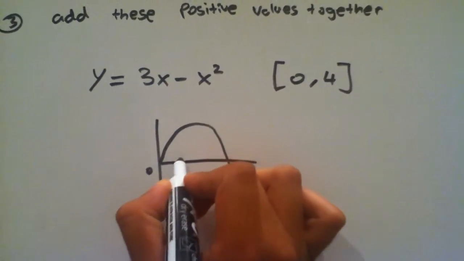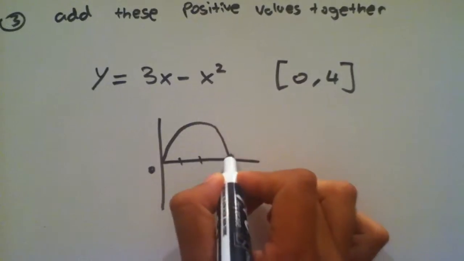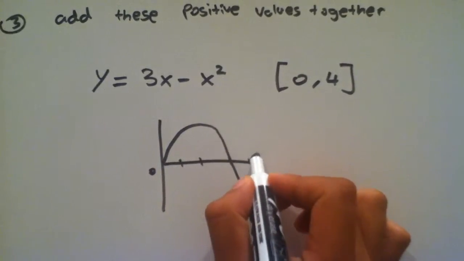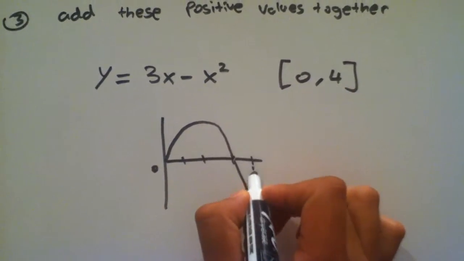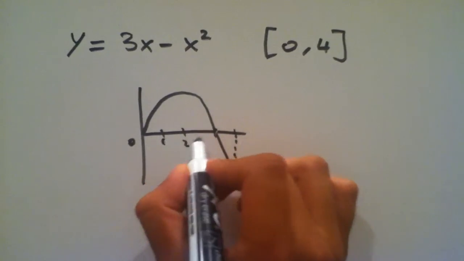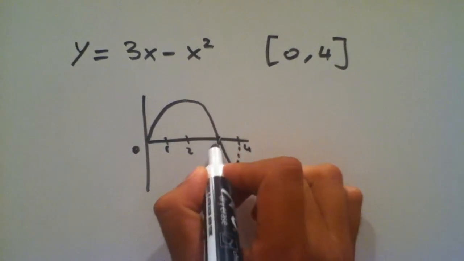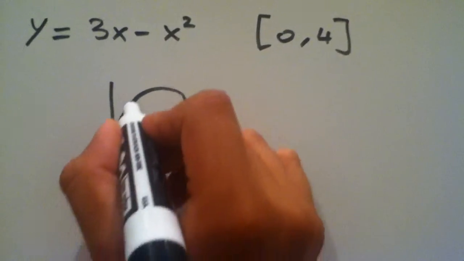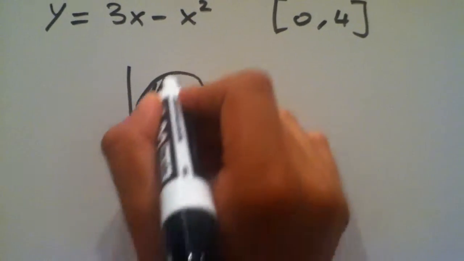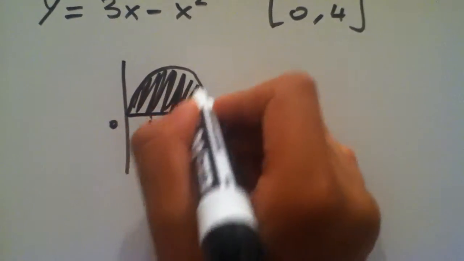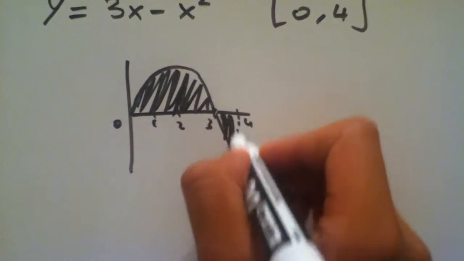So this is 0, 1, 2, 3, 4. And this whole area is the area we're looking for. So from 0 to 3, and then 3 to 4.